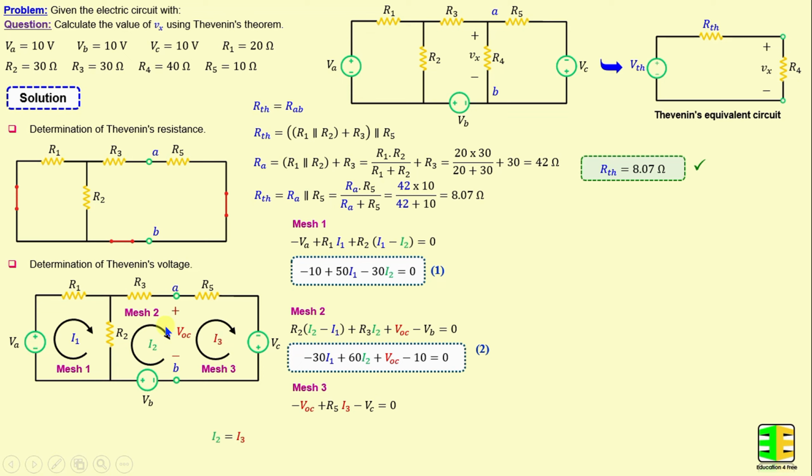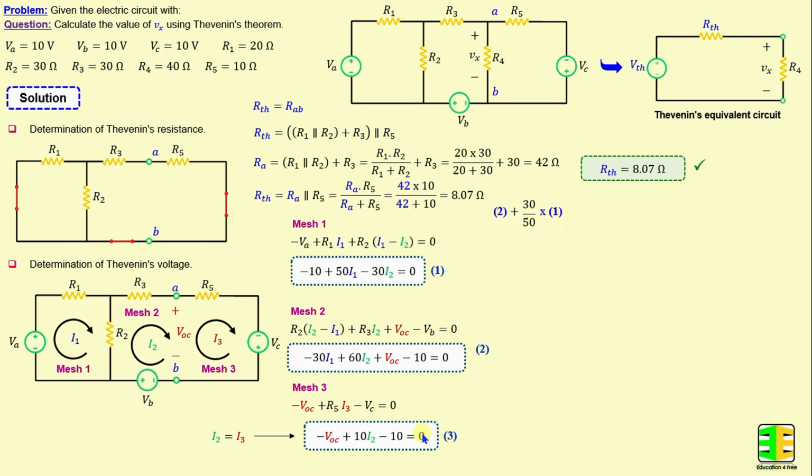From that, we can conclude that I2 is equal to I3. And if we replace I3 with I2 in this equation, and we replace the resistor and the voltage with their numerical values, we obtain negative VOC plus 10 times I2 minus 10 is equal to 0.